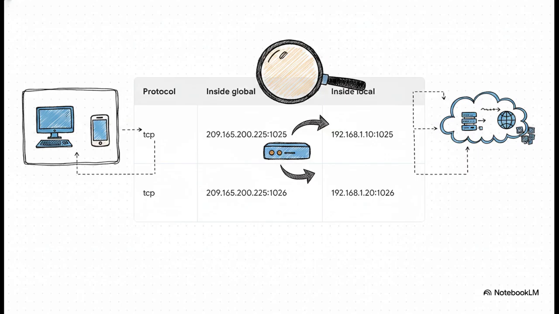For example, 192.168.1.10 hitting port 1025. The inside global, on the other hand, is the public IP and port that the rest of the outside world sees. So, 209.165.200.225 on port 1025. Trust me, this table is your absolute best friend when you need to confirm that your translations are actively firing off.